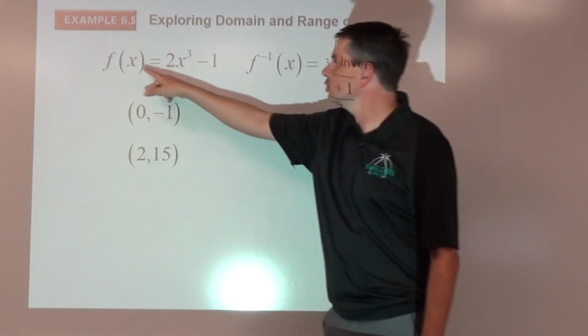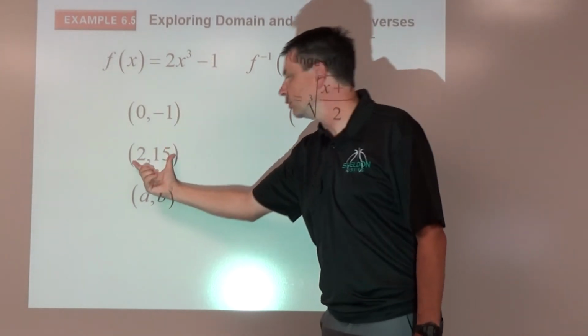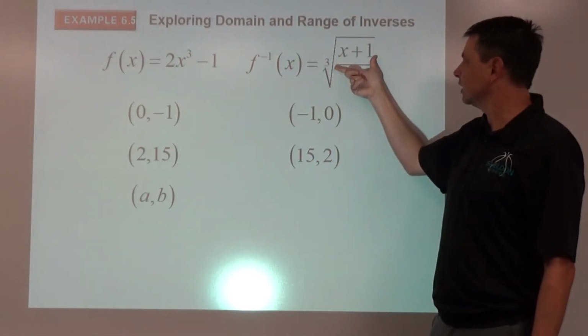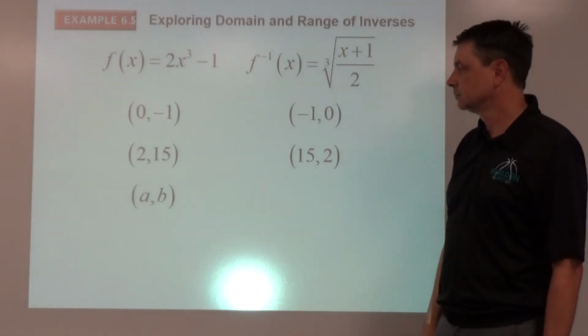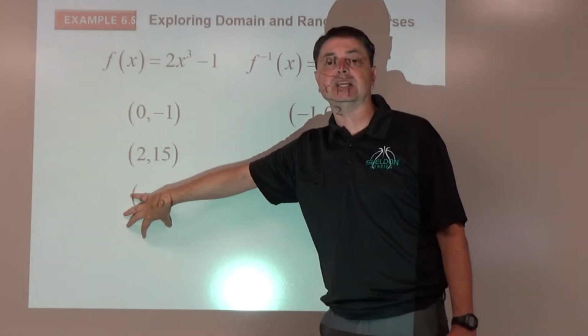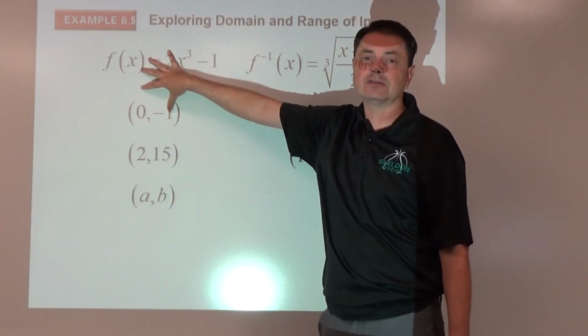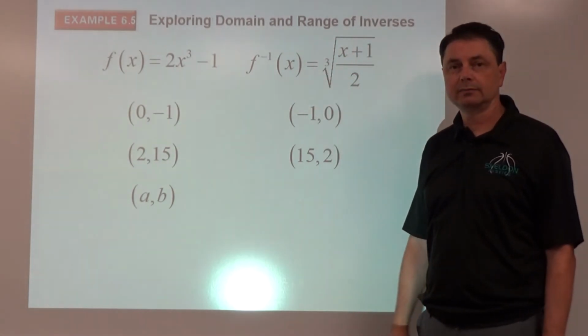If I plug in a 2, I'm going to get 15. So 2 comma 15. What if I plug in a 15 over here? I'm going to get 2. So think about it for a second. If I have this generic point A comma B that's on this graph, can you tell me the point that's going to be on this graph?